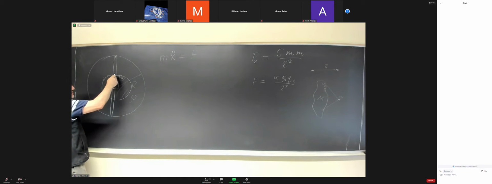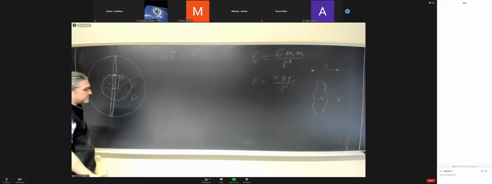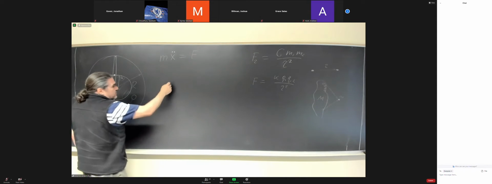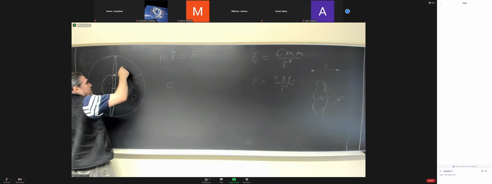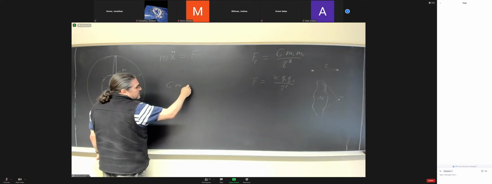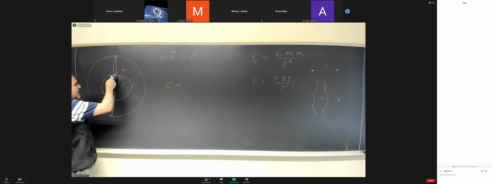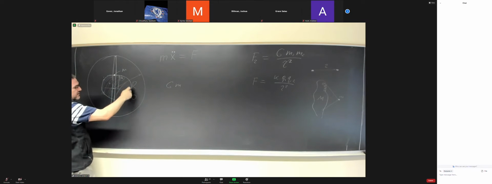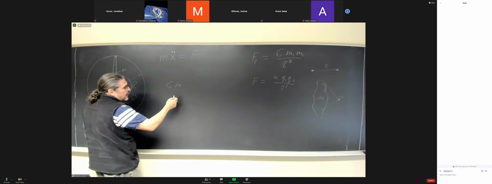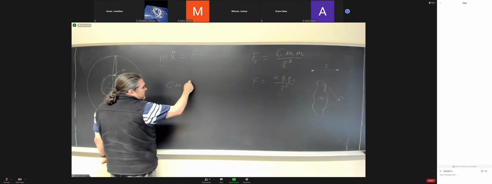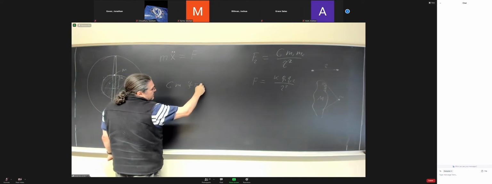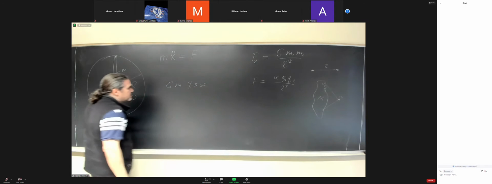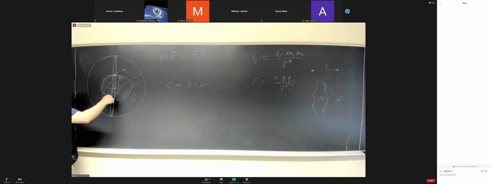So the force which acts here equals G times M, the mass of the little object, times the mass inside this sphere, right? And that mass inside the sphere equals the volume of the sphere, times the density.